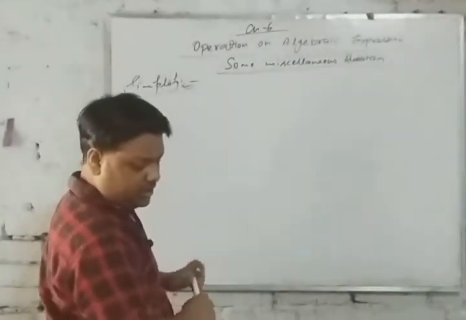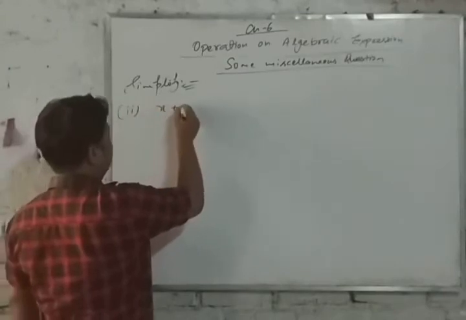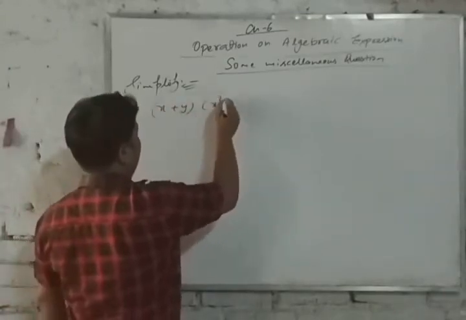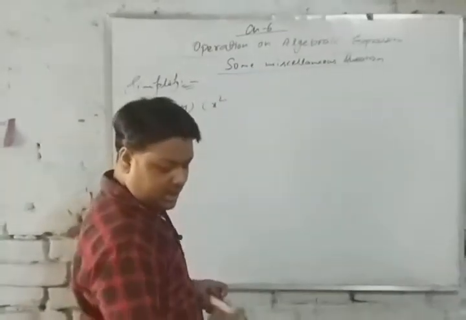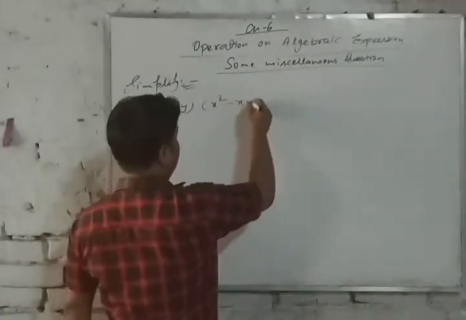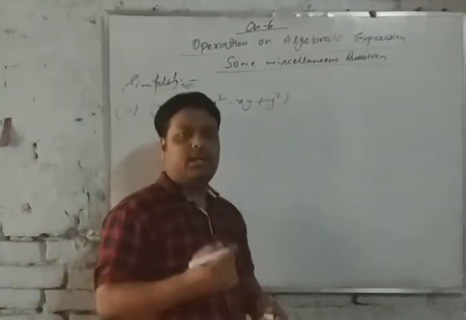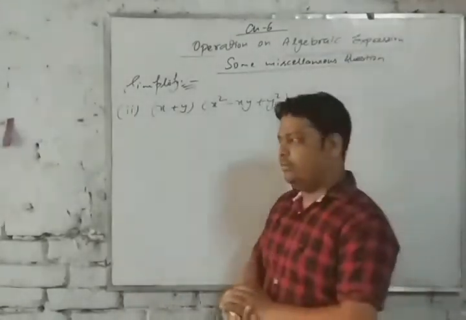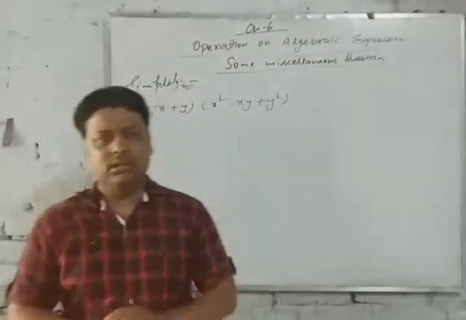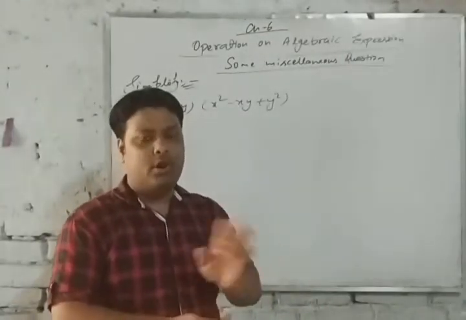Now the question is (x plus y) in the bracket, again (x square minus xy plus y square). In class 8 you have studied 3 identities, and in previous videos I have explained 4 more identities.